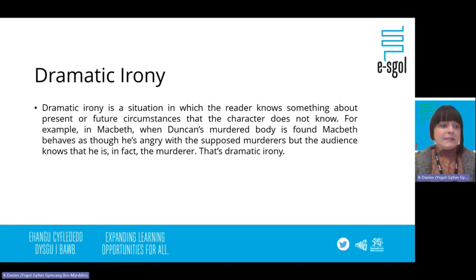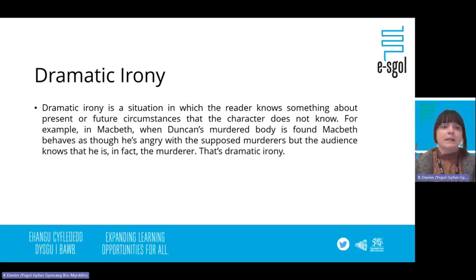Another aspect that we need to be considering is that of dramatic irony. So we've got this sense of dramatic irony being a situation where the reader knows something about present or future circumstances that the character doesn't know.